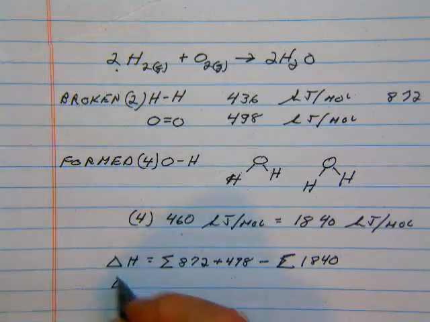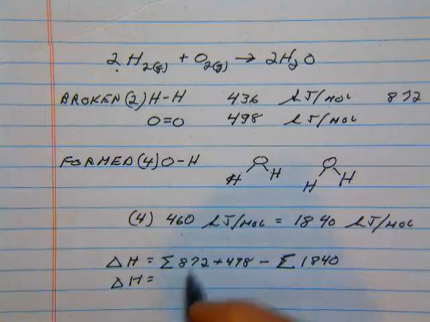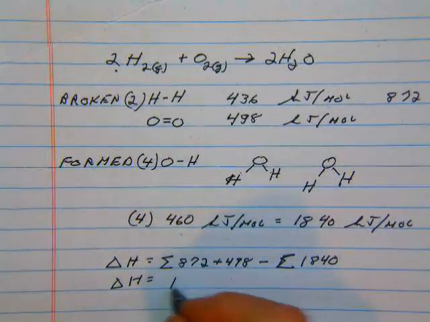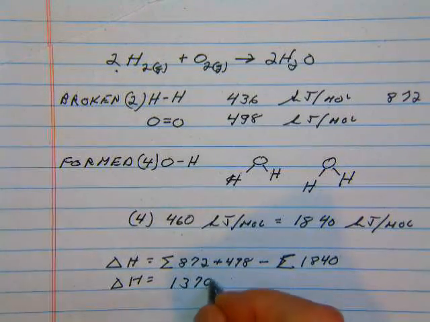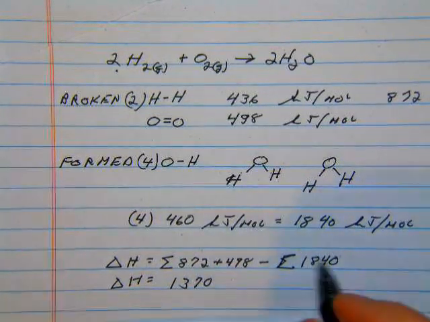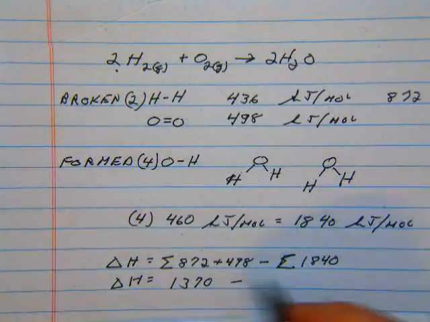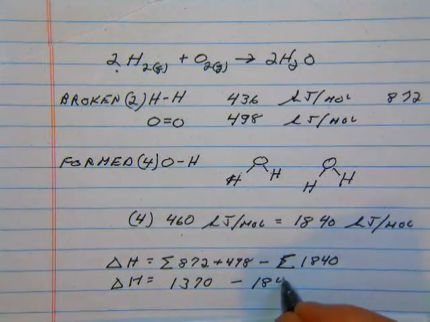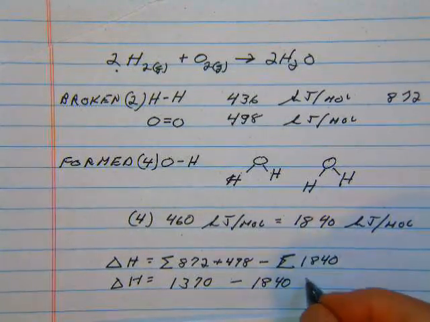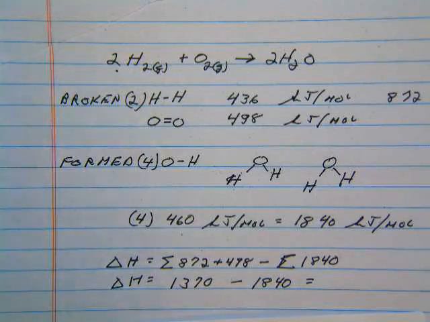Let's go ahead and finish off the math here. So delta H should be 1370 minus 1840. And if my math is correct, we should have 470 kilojoules per mole.